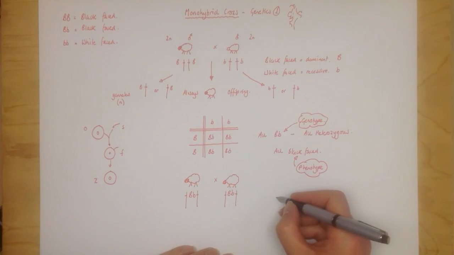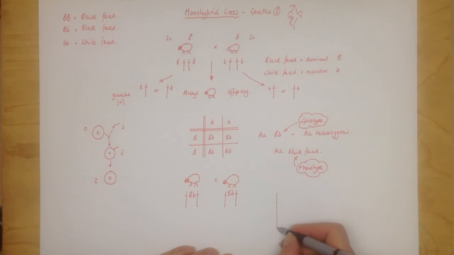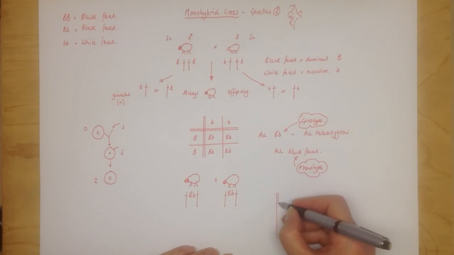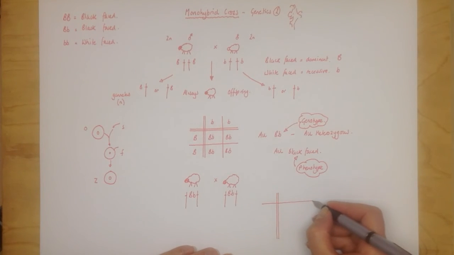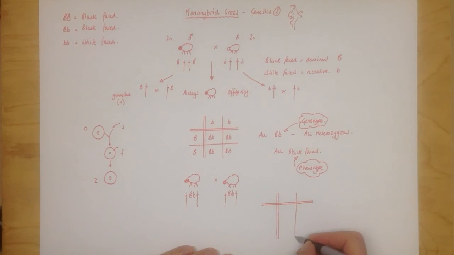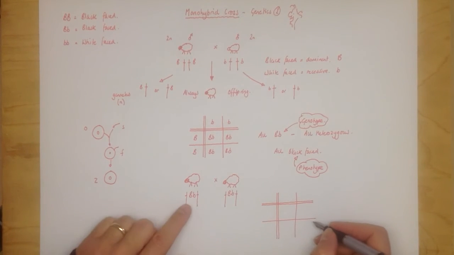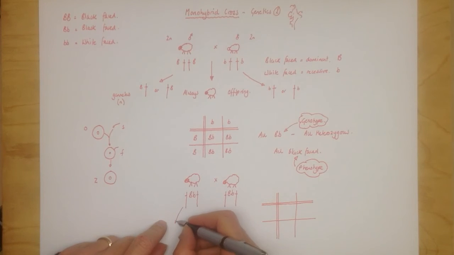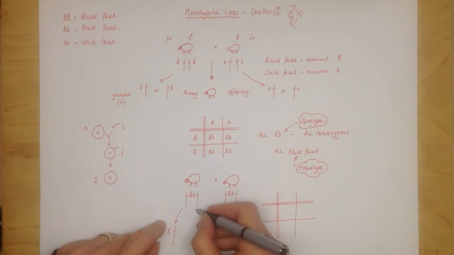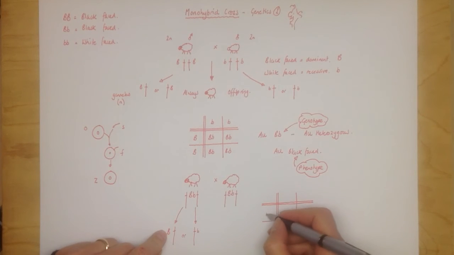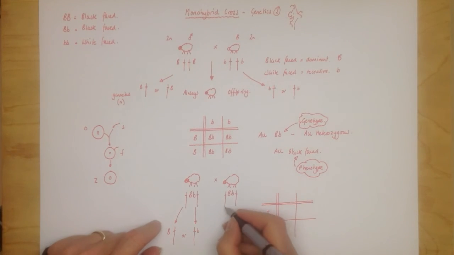So when you do this cross, if we do the Punnett square, Dad can either form sperm with the dominant gene in, or sperm with the recessive gene in. So, big B or little b.